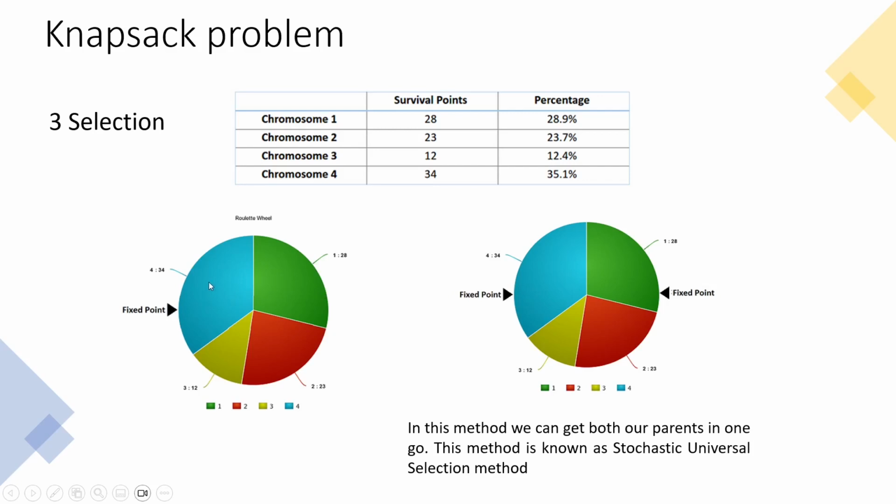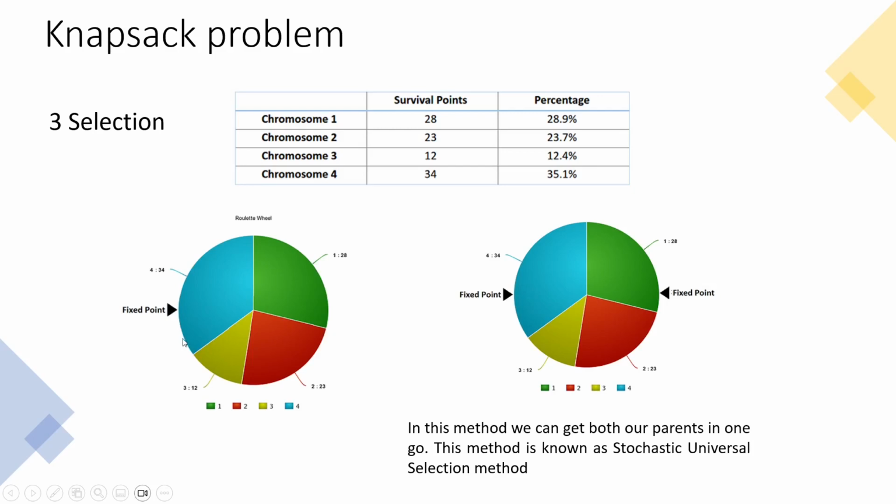And as you see, the 4th chromosome basically has the biggest tile, then comes the 1st chromosome, the 2nd chromosome, and the 3rd chromosome has the least survival points, which means it has the smallest tile.